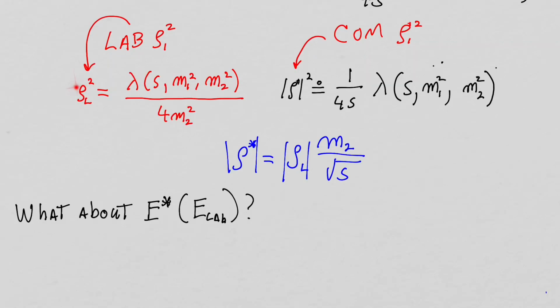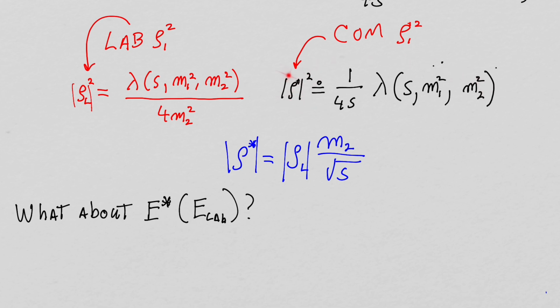Well, notice we've got this. We just solved for the 3 momentum squared in the lab, and we've also solved for the 3 momentum squared in the center of mass. And notice these two lambda functions are the same. It's lambda of S, M1, M2 in both. So I can actually find a ratio between the lab 3 momentum magnitude and the center of mass 3 momentum magnitude.